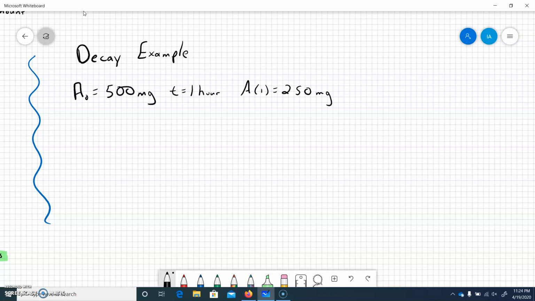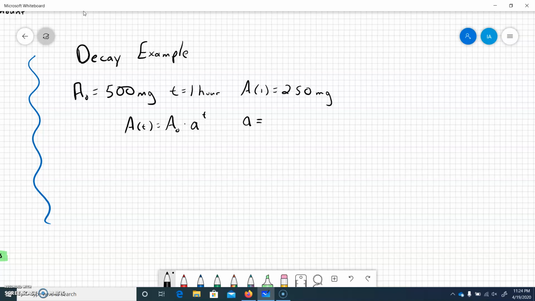But let's remind ourselves of the formula. A of t equals a sub 0 times the rate to the t. So this problem here, if everything was put in perspective, we've got everything, the only thing we're missing here is little a. Well, what happened between 500 and 250?